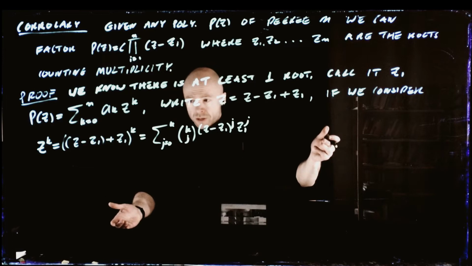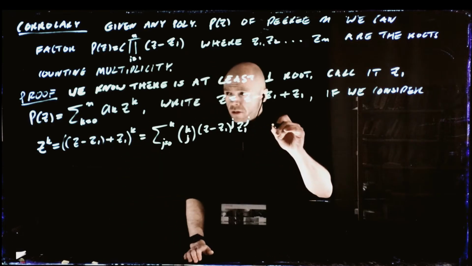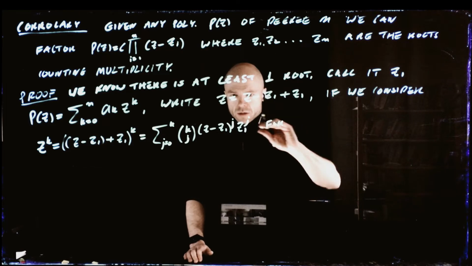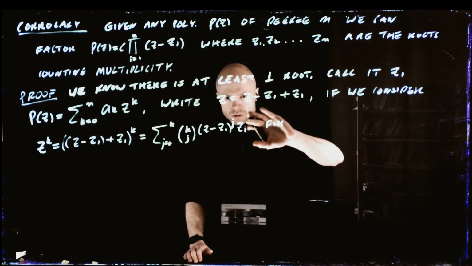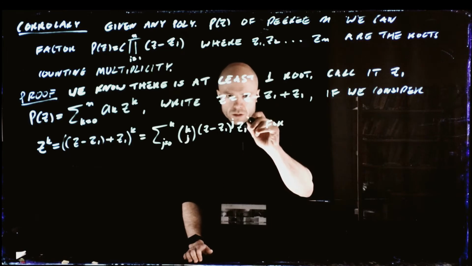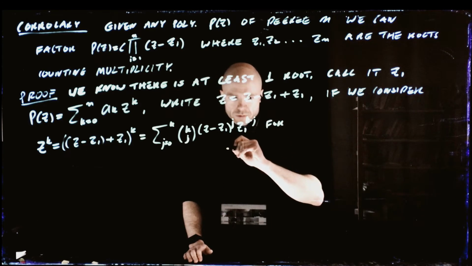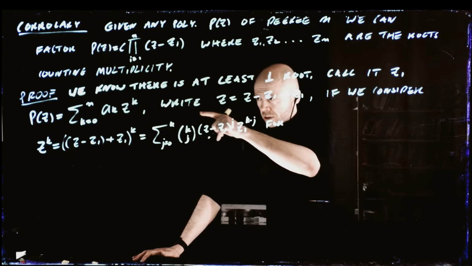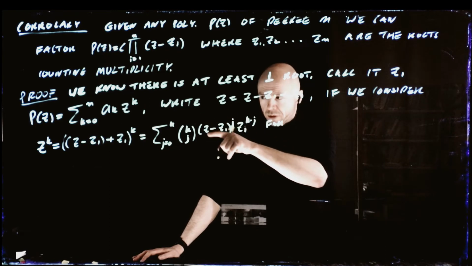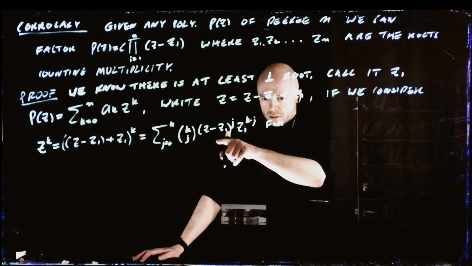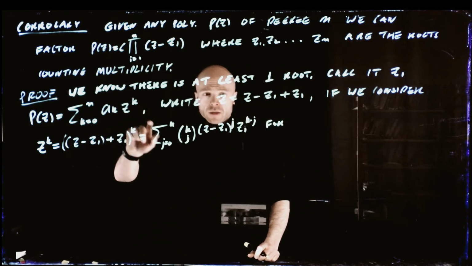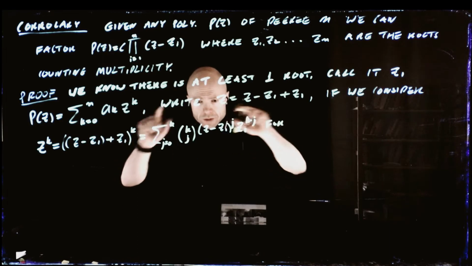Yeah? So, look at this. So this is true. No, they're not. Thank you. That is false. That would be k minus j. Yeah. Cool. All right. So if we look at this guy over there, and we use this thing, that means that we could rewrite this z to the k as this long complicated expression like this.